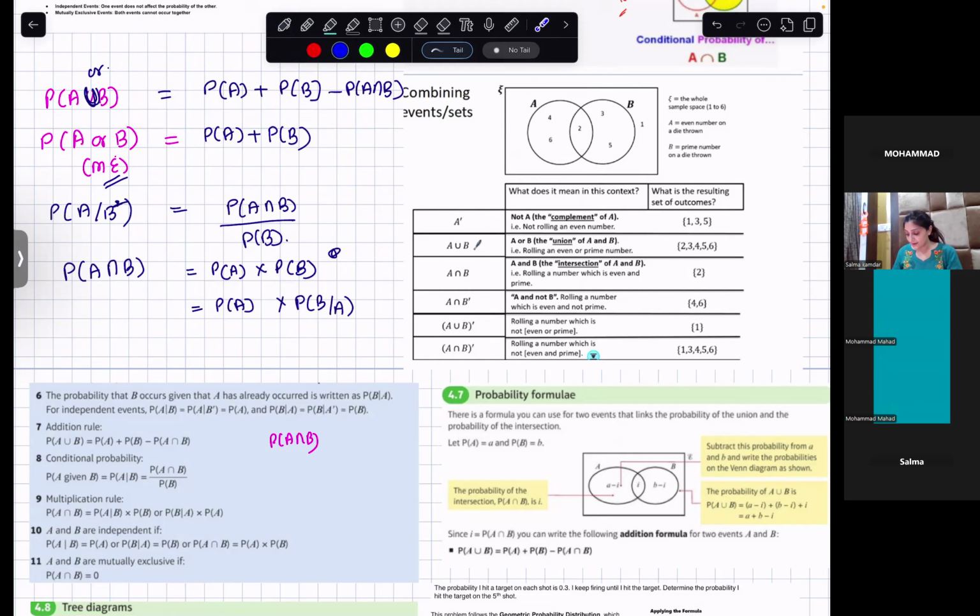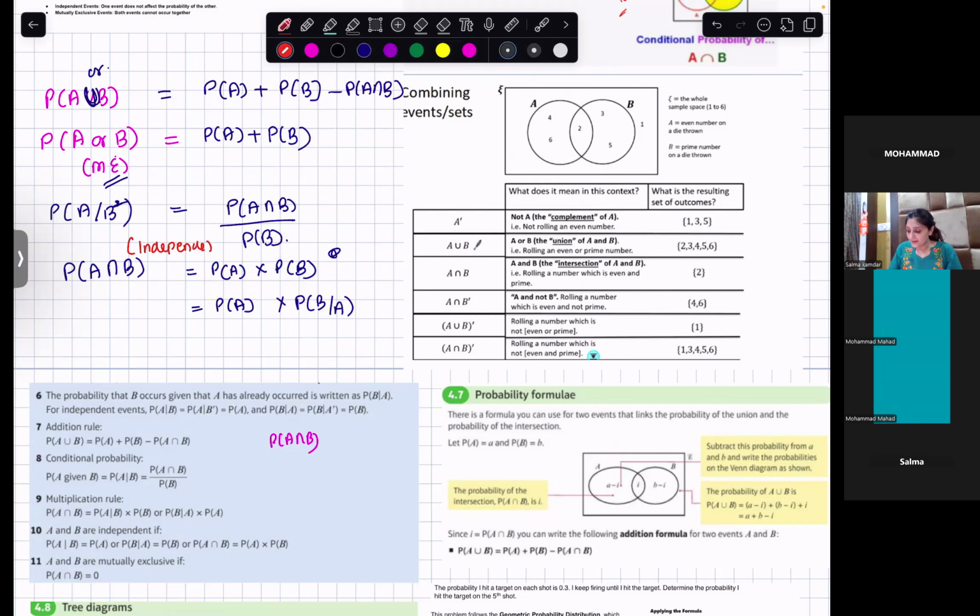Okay, listen to me. When A and B are independent, the probability of A happening and B happening are two separate things. Rolling a dice and tossing a coin are independent events.